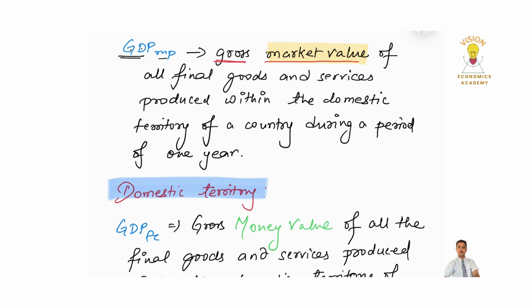So we are considering a period of 1 year, and in that the gross market value. Market value is the value at which it is sold in the market, at which it is available in the market.